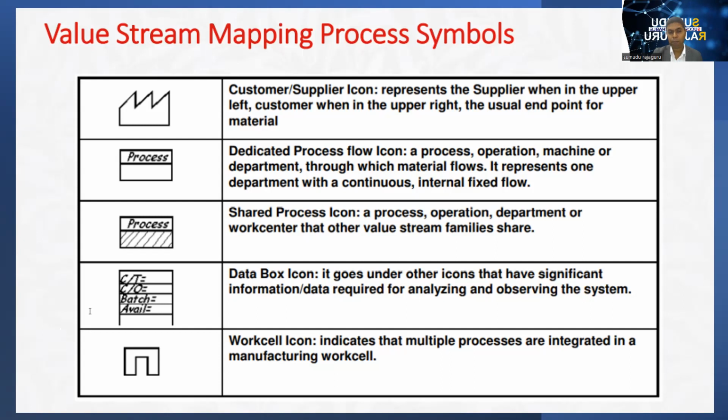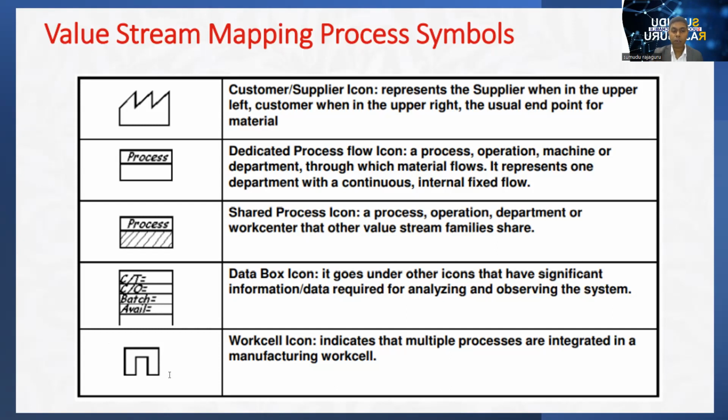Other than that, any other data according to your understanding, if it is important, you can put in here. This is called the work cell icon. Work cell icon means if we want to show somewhere we work as a cell. For example, 2-3 machines are set up, producing some product and catering to all the other lines.